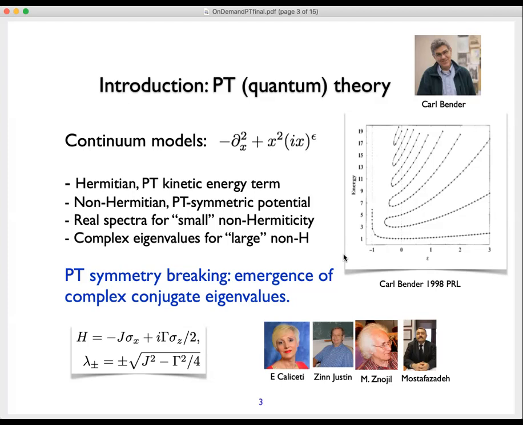So the idea was that you have these continuum models with a non-Hermitian Hamiltonian. These are continuum models for single particle quantum mechanics, a non-relativistic single particle on a line.